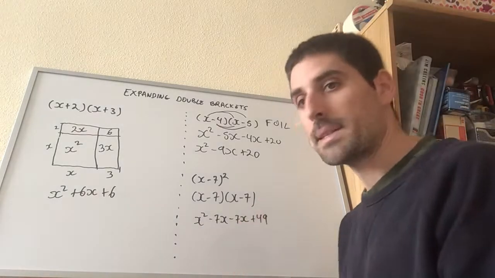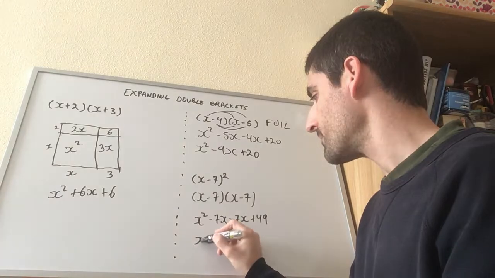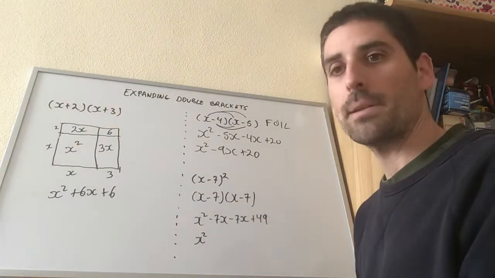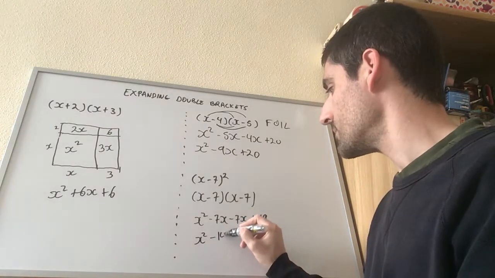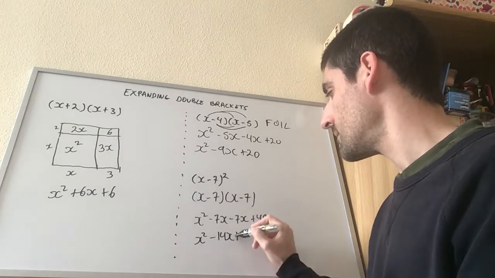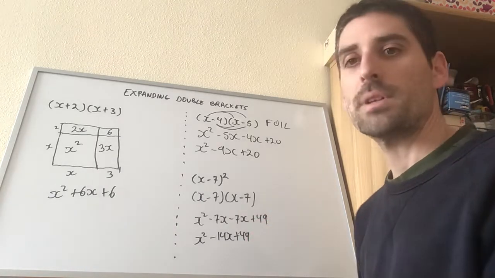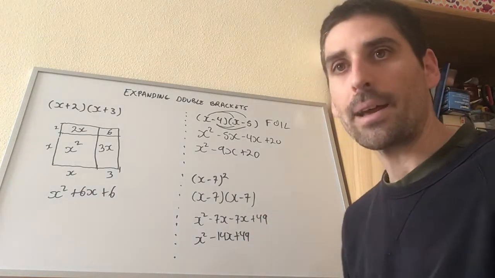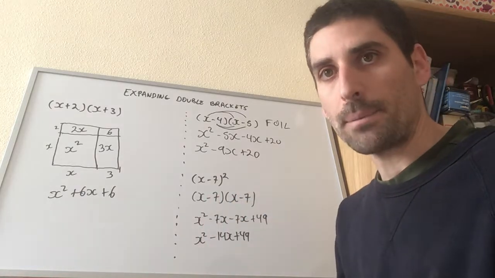And if I tidy this up, I get x squared minus 14x plus 49, and that's my final answer. And I've expanded that double bracket there.